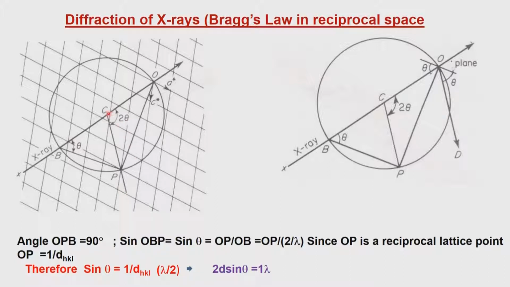And since the diffraction is in this direction, we have to work out what is the geometry associated with this diffraction condition. And that should be the same as Bragg's law, because Bragg's law said what?